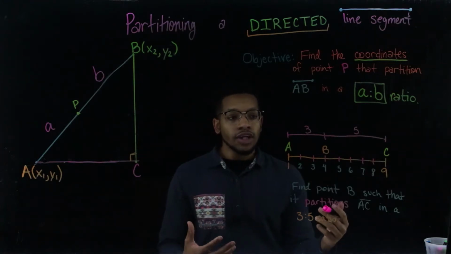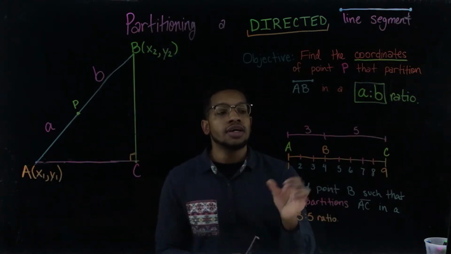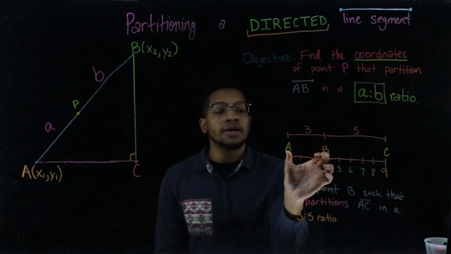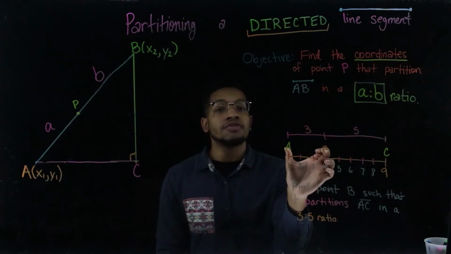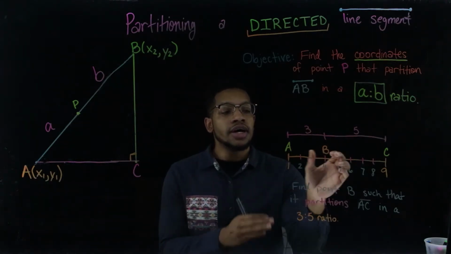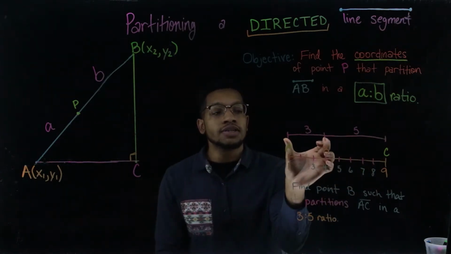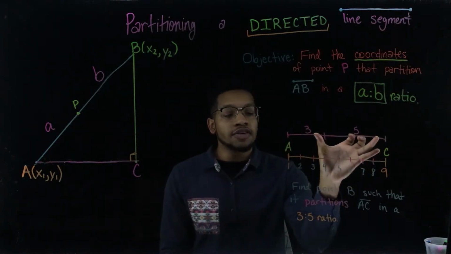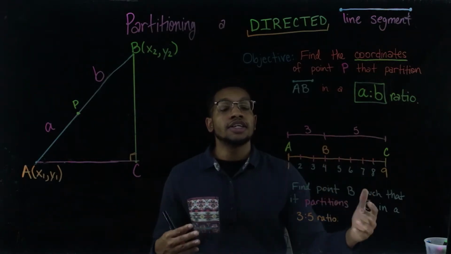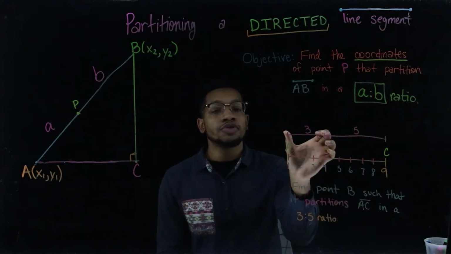If we're looking at it as a fraction, then the distance from A to B is not 3/5 of AC, but 3 out of 8 spaces from A to C. There are 3 spaces from A to B and 5 spaces from B to C, so 8 spaces total, which is 3 plus 5.